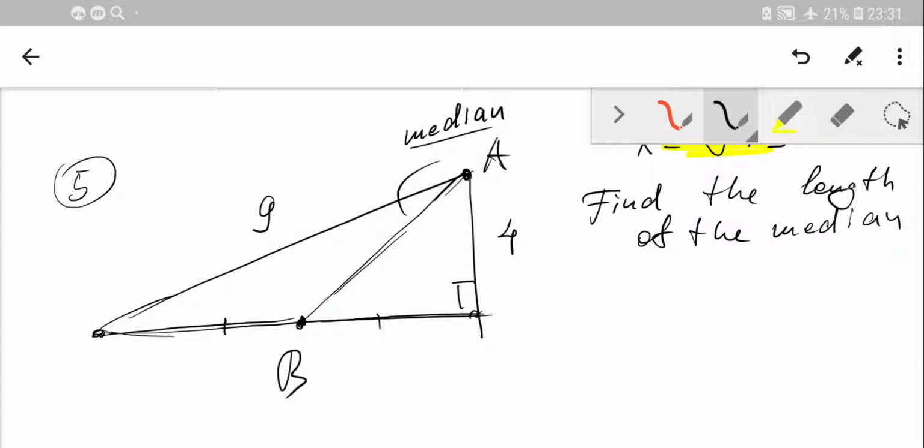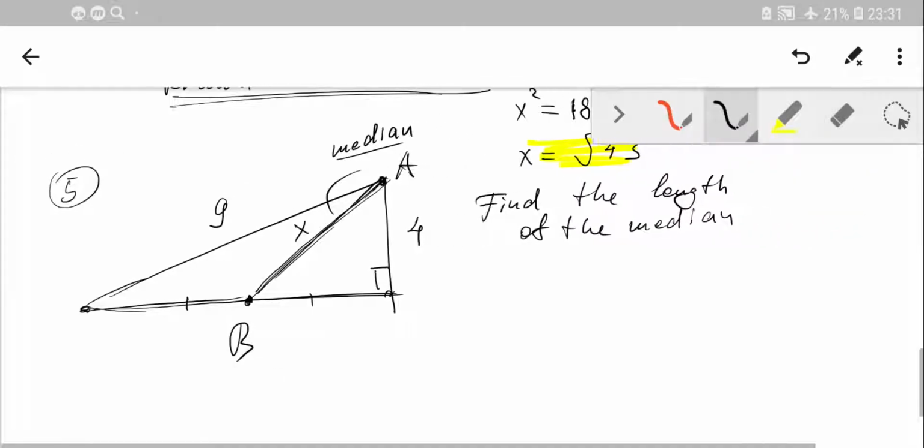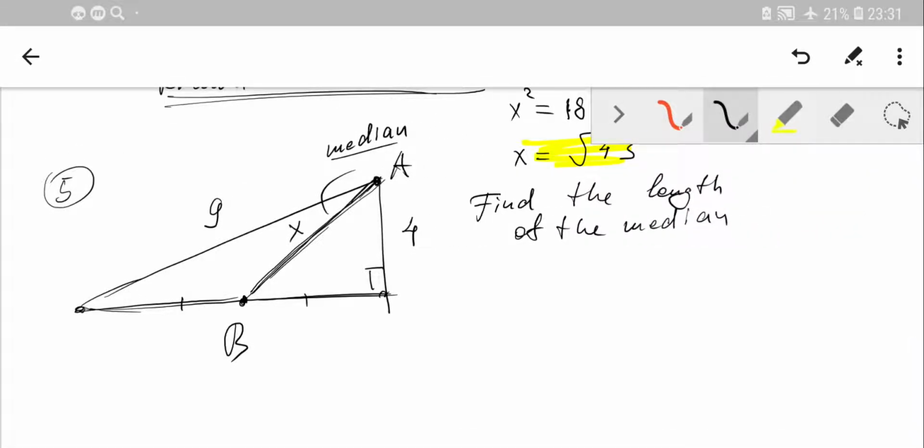Okay, so how to work it out? Let's say the median AB is unknown x. I put the value x here, okay? So immediately, before thinking, oh, I don't know, let's mark the vertices like K, M, okay?